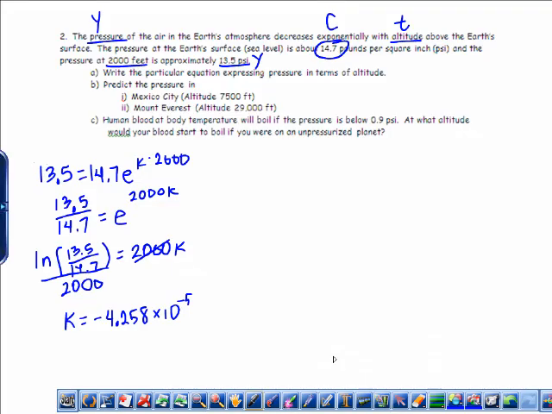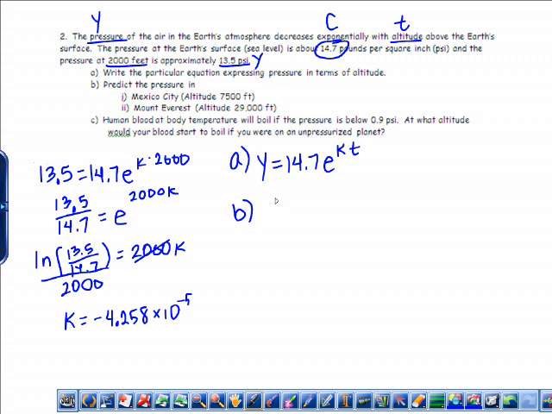All right, now we get to the next part, and it says predict the pressure. Okay, well, I guess we should write down our equation next. This is going to be y is equal to 14.7 e to the power, and I'm just going to write k and not that number, t, knowing that k is this number.